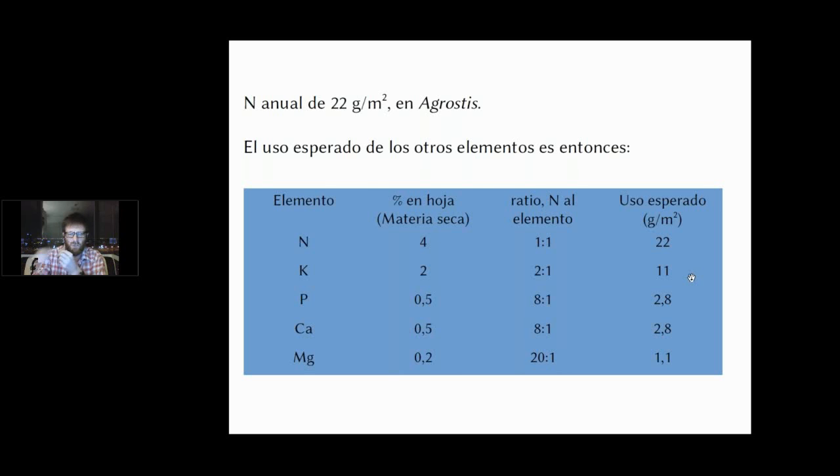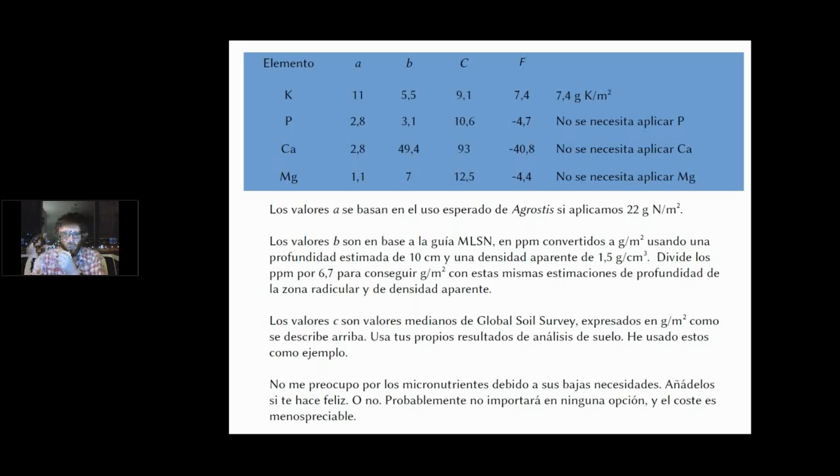So we'll go to the next table. Now we've got the A values, the B values, which are from the MLSN guideline, and the C values, which are the median from the Global Soil Survey. If we take A plus B minus C, then we get F, which is the fertilizer requirement.